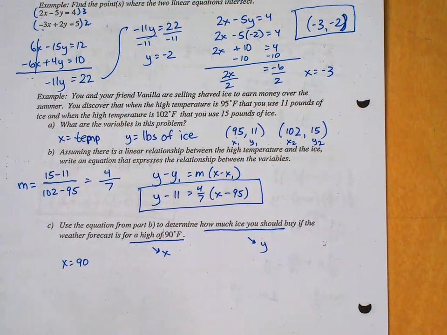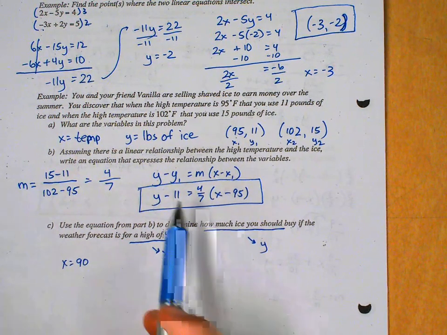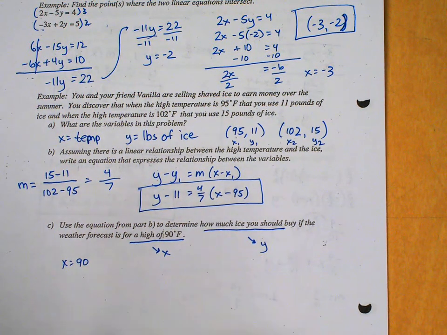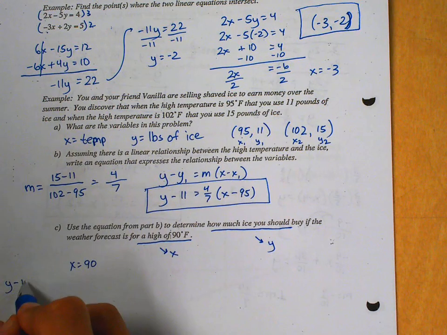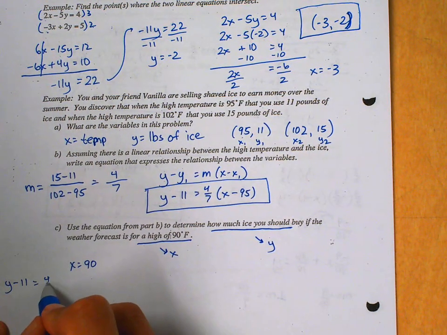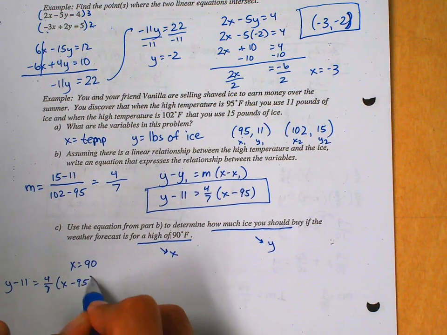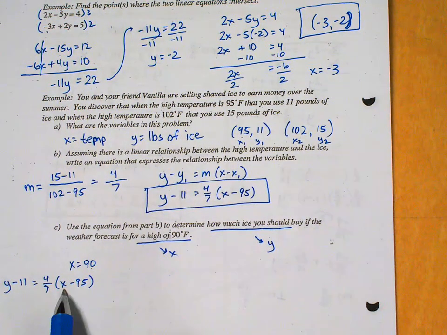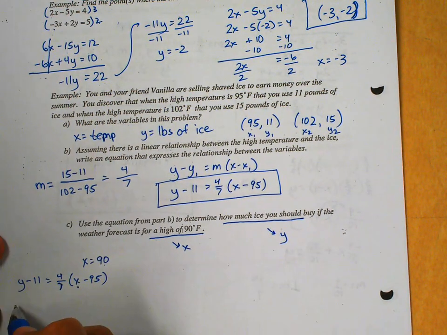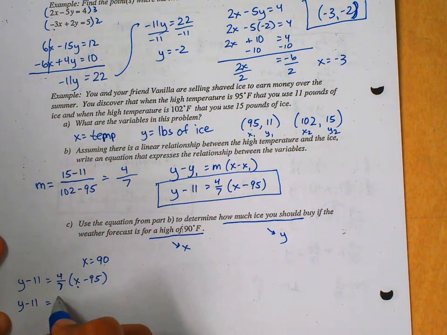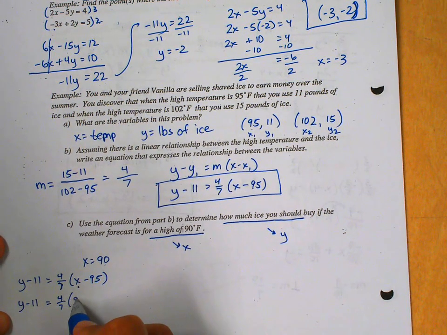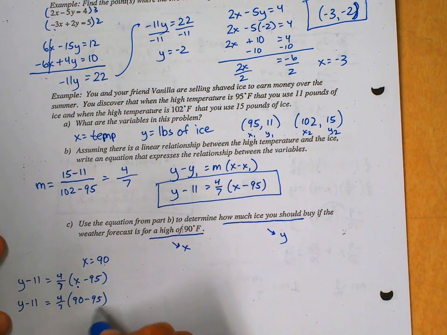So I'm just going to take that and plug it into this equation right here. We've got y minus 11 equals 4 over 7 times x minus 95. And we're going to plug 90 in for x. So y minus 11 equals 4 over 7 times 90 minus 95.